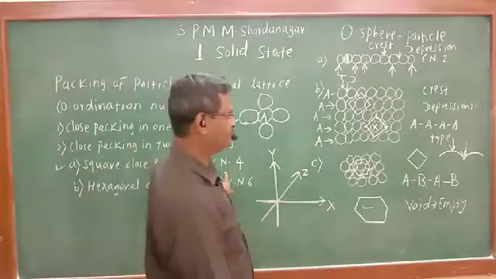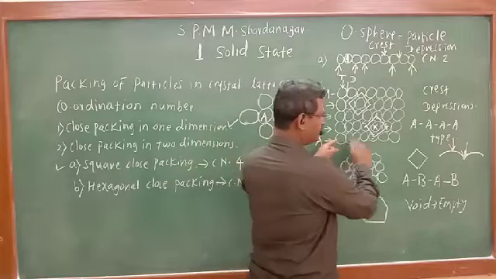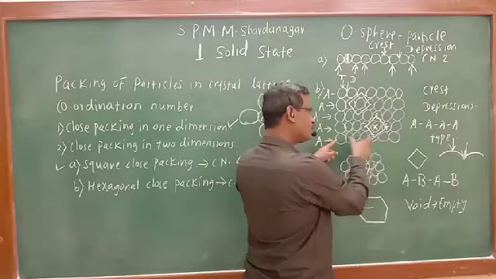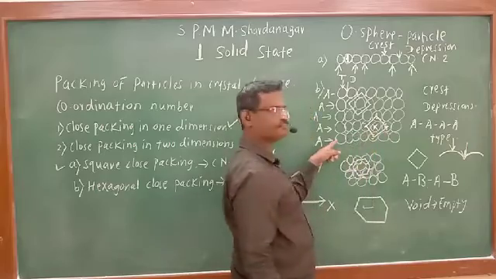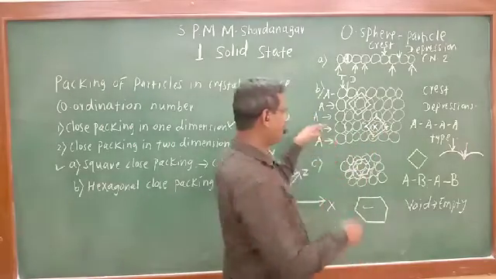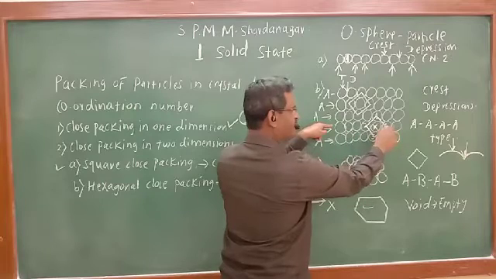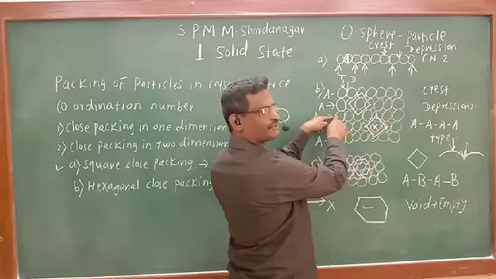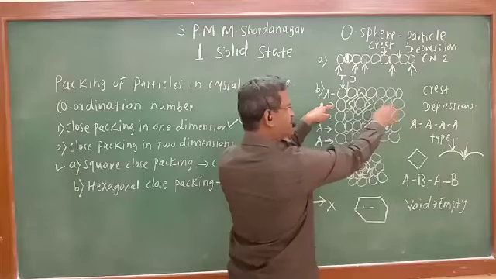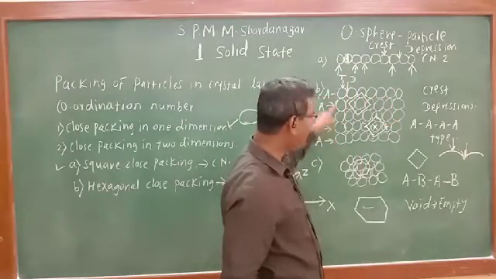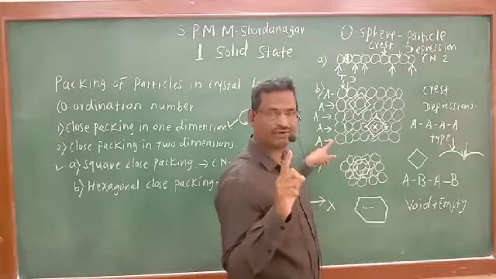Square close packing. See, this is the one dimensional layer. This one dimensional layer is followed by a second layer, which is also one dimensional. This is followed by a third one dimensional layer, a fourth one dimensional layer, a fifth, and so on. How the layers are arranged is the important part.